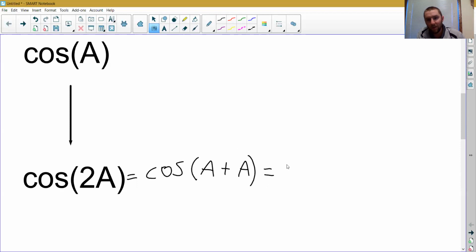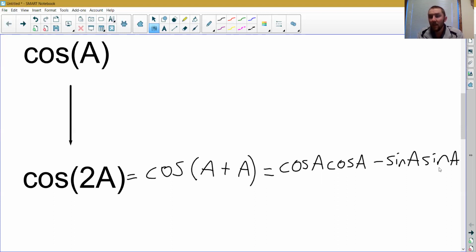If I look back in my notes at the angle sum formula for cosine, it says I should do the cosine of the angle times the cosine of the other angle minus the sine of that first angle times the sine of the second angle. So I end up with cosine A times cosine A minus sine A times sine A. What do we notice about each of these pieces?